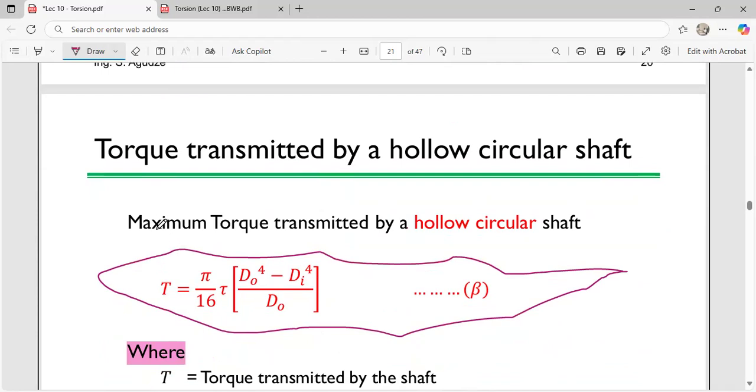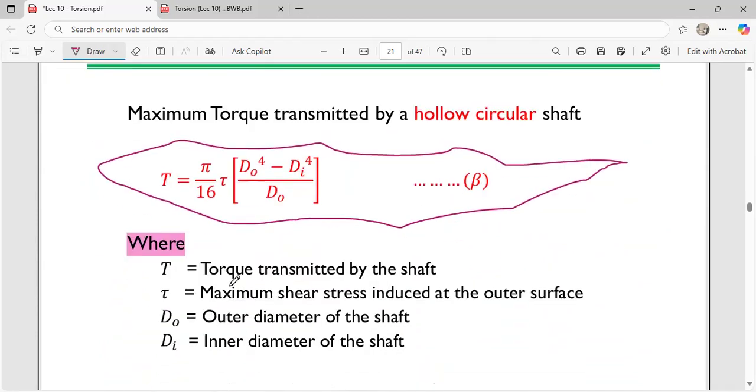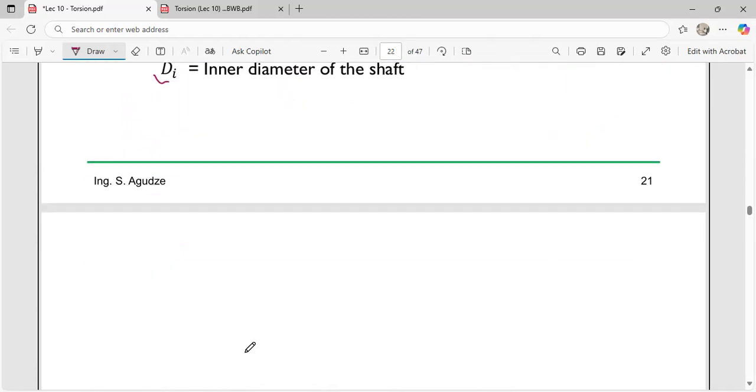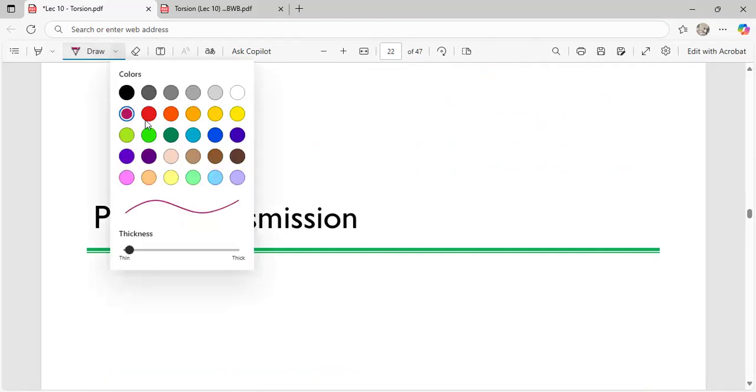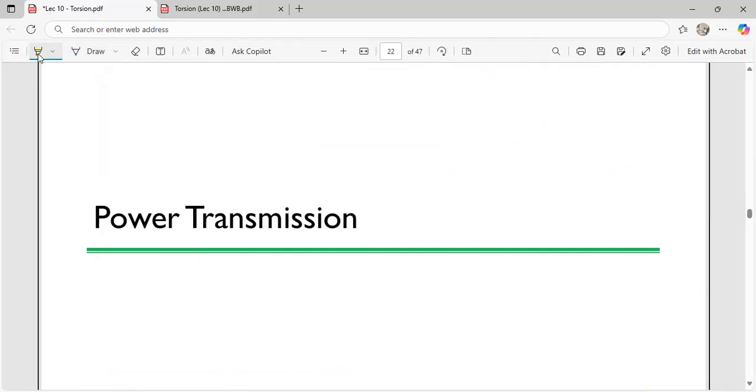And also for maximum torque transmitted by a hollow circular shaft, this is the formula we use, where T is the torque transmitted by the shaft, tau is the maximum shear stress induced at the outer surface, D subscript O is the outer diameter of the shaft, and D subscript I is the inner diameter of the shaft.